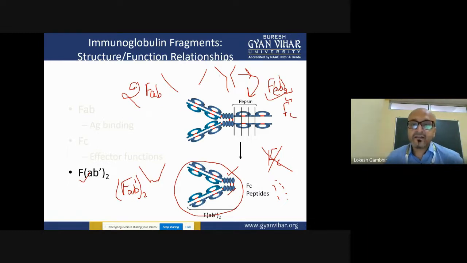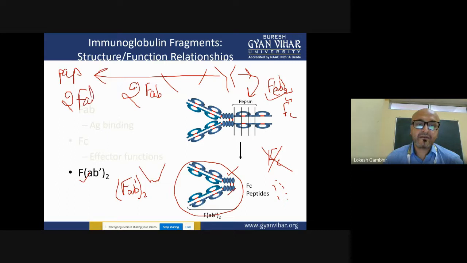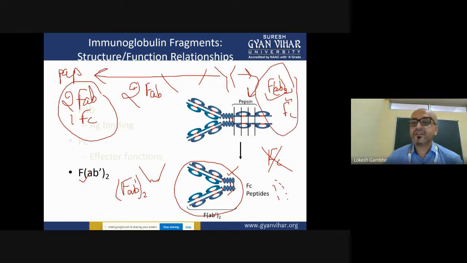And when we say what will happen with the papain enzyme that we have discussed, you can easily say that it will be two Fab fragments and a single fragment crystallizable. So there is a clear-cut difference between the options that you will be seeing.